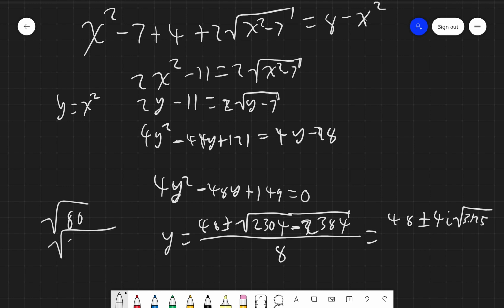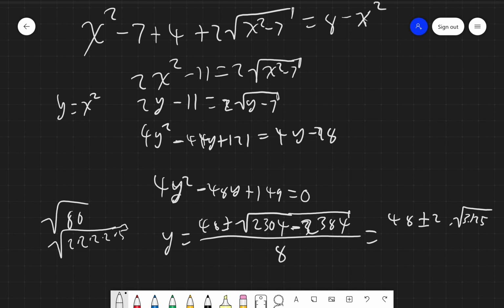That's the square root of 2 times 2 times 2 times 2 times 5, right?